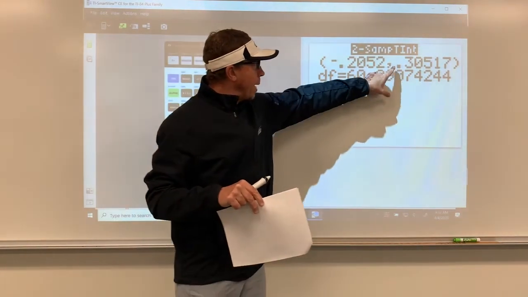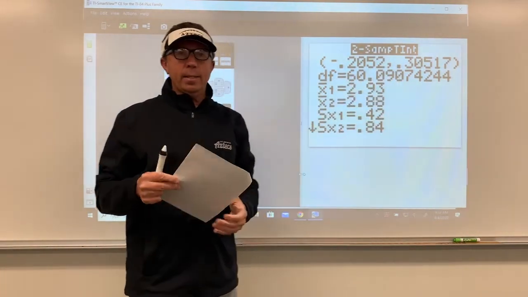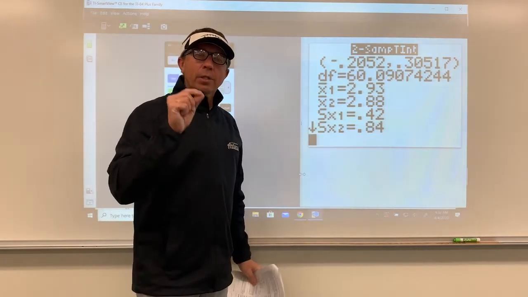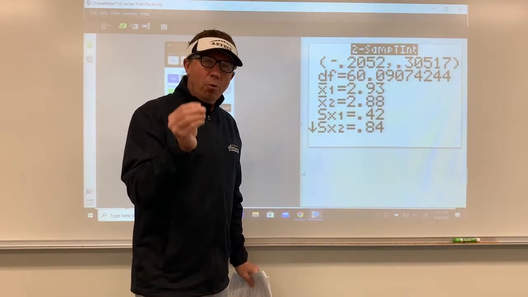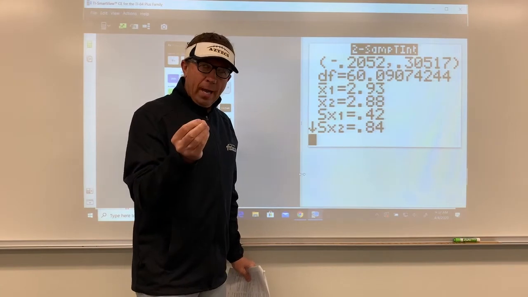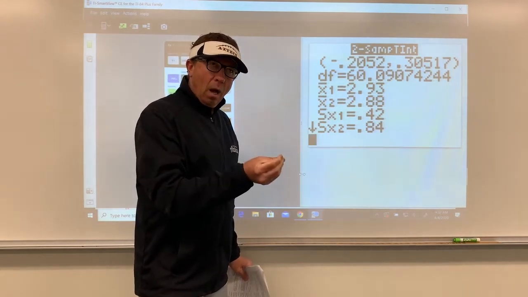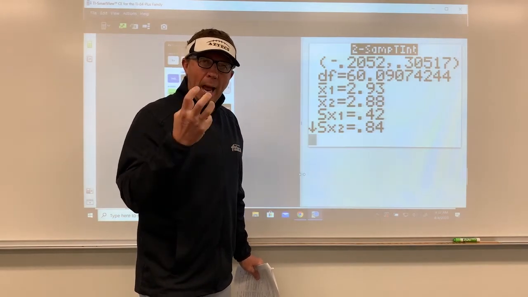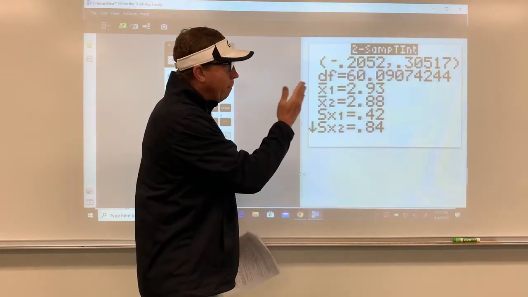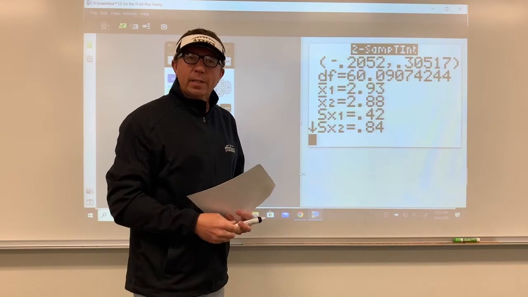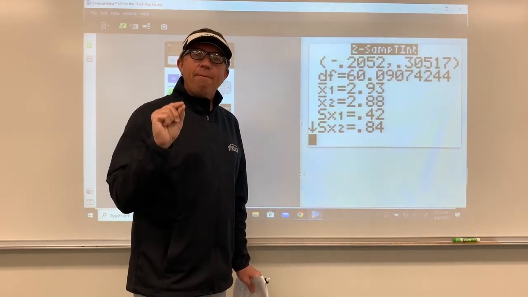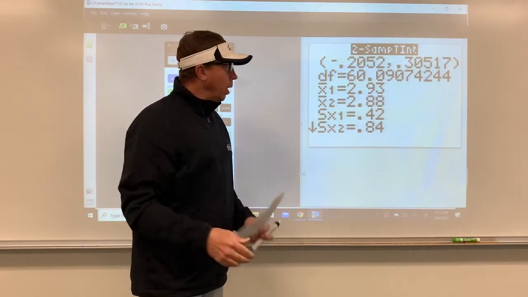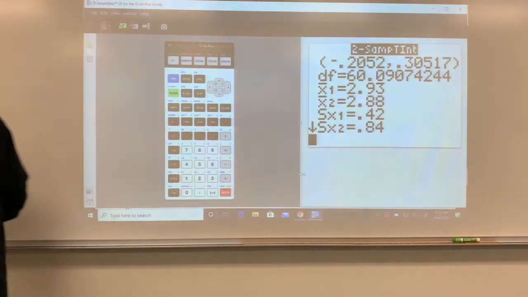Is 0 in that interval? Yes, it is. And that means that there is very possibly no difference between on-campus and off-campus GPAs. There's probably absolutely no difference, or close to no difference. And this is why we have a fail to reject H0. So let's go back to the notes here so we can see that.